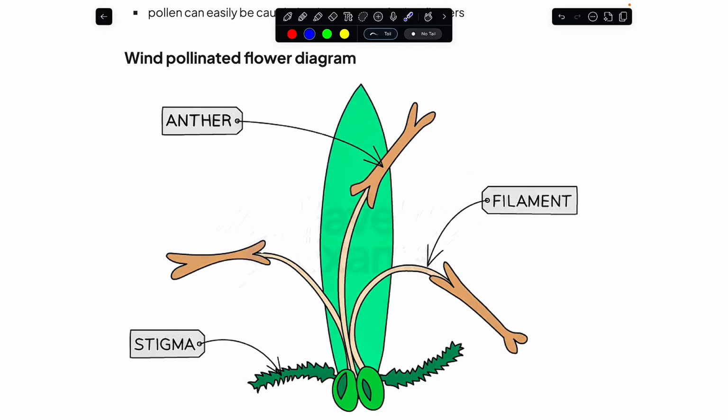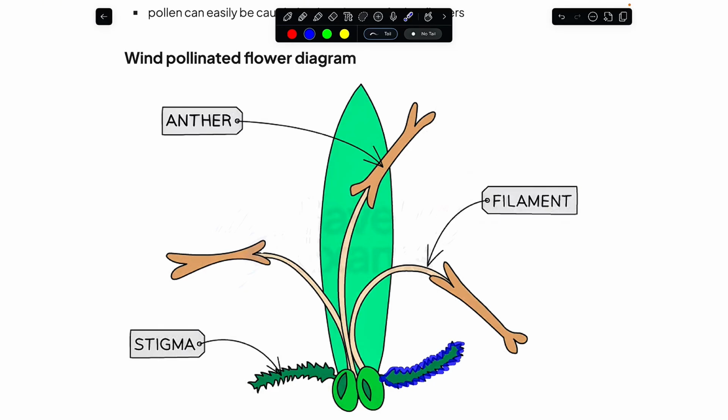And if we were to look at their filaments, their filaments are long, or we say they are pendulous, or they hang out of the flower. And here at the end of the filaments we have the anther, and it again has the pollen grains in it. If we were to go down, here you see this feather-like structure that I am indicating.